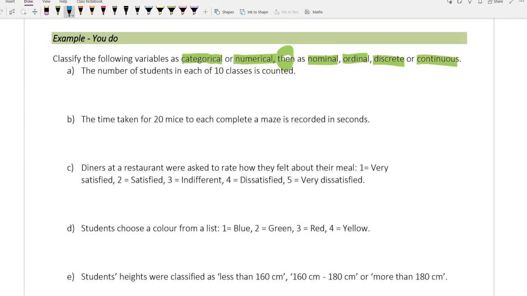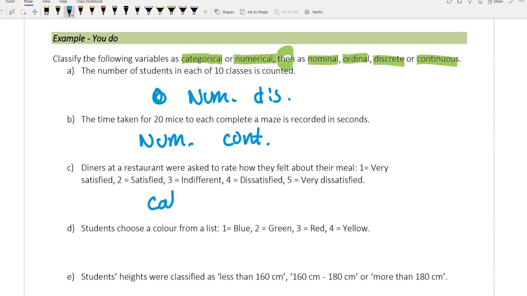So number of students, numerical, discrete. Time taken, time is numerical. Time is always continuous. Next one, we know this is categorical. This is in order, so it's going to be ordinal. Students choose a color. Color is categorical. And this is not in order, so nominal.